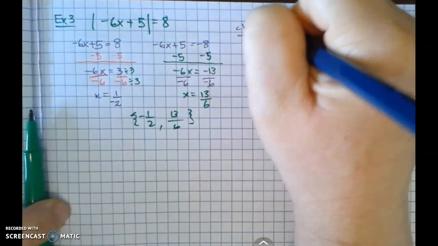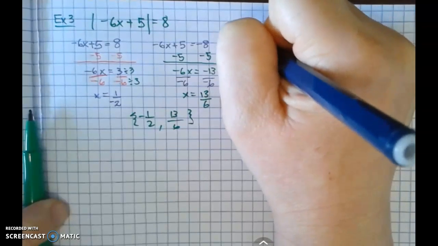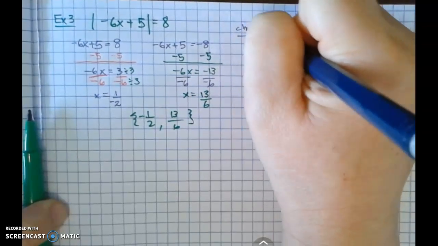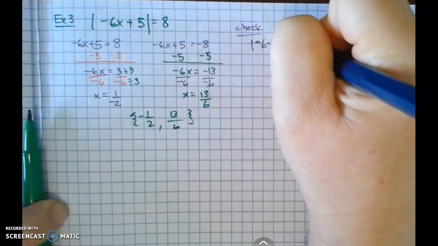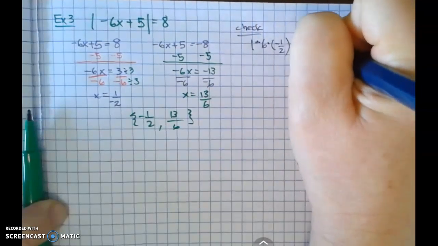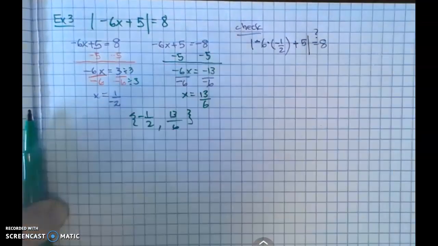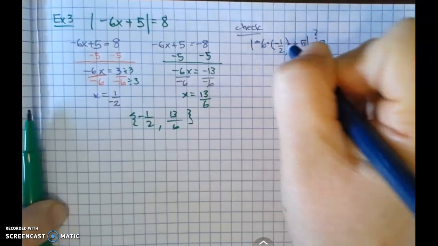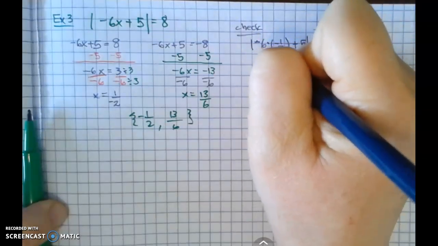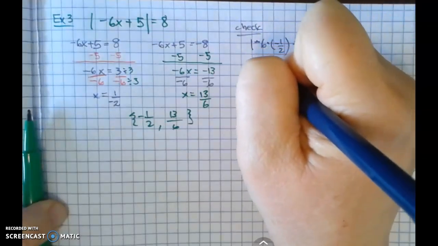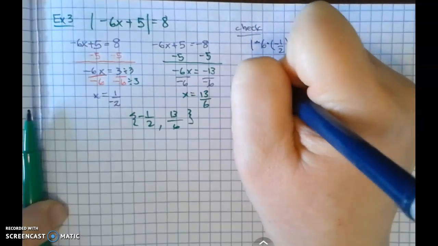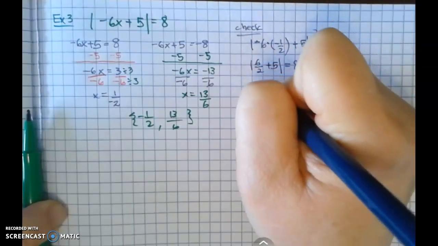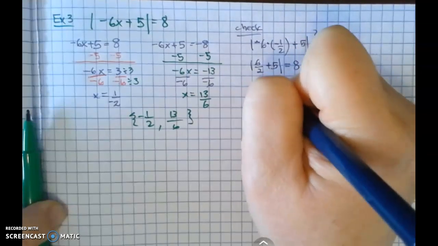Substituting back in, negative 6 times negative half plus 5 is equal to 8. Is that true? Negative 6 times negative 1 half is positive 6 divided by 2, which is 3, plus 5.